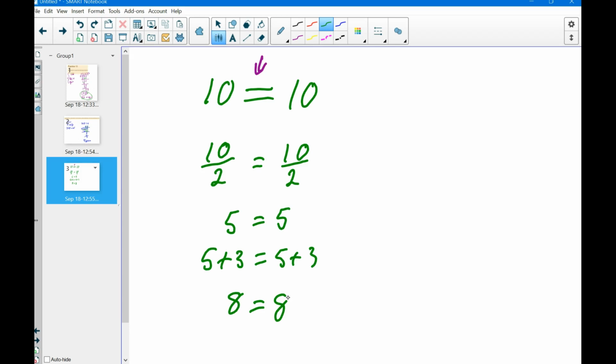I'm just picking numbers out of my head, right? It doesn't matter what number it is. Up here, if I have 8, it's equal to 8. Say I multiply 8 by 2. As long as I multiply by 2 over here, both sides are still the same.